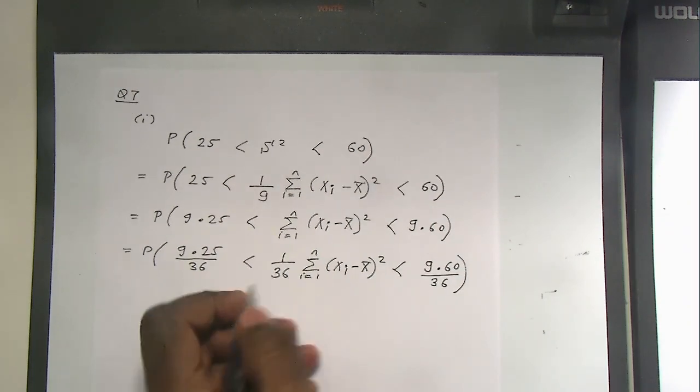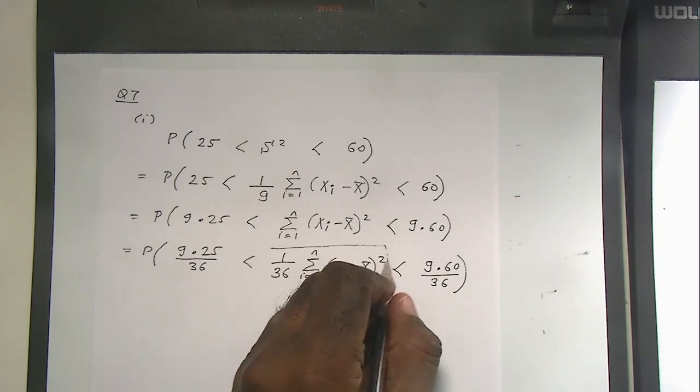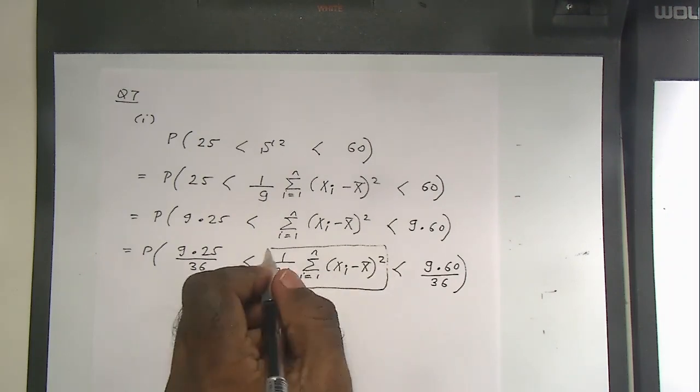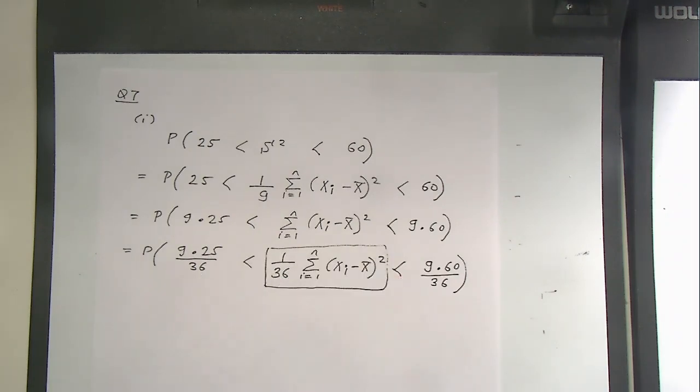Can you say something about this? Just checking your memory, guys: what distribution does it have, and what's the parameter, the degrees of freedom?